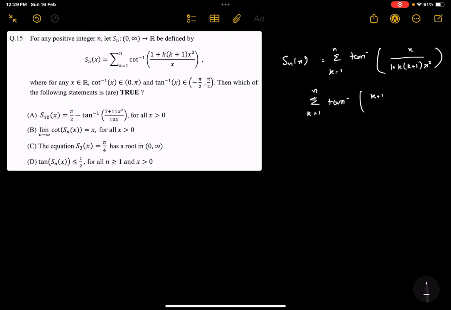k plus 1 times x minus kx upon, so this is tan inverse of tan a minus tan b upon 1 plus tan a tan b. So this is tan inverse of tan of a plus b. This is a plus b. So what I'm saying is, say tan a equals k plus 1 times x and tan b equals kx.